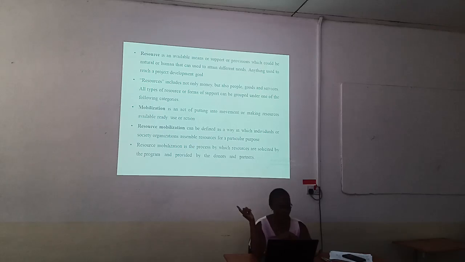What about if we combine the two? We define the resource, we define mobilization. What about resource mobilization? What is it?